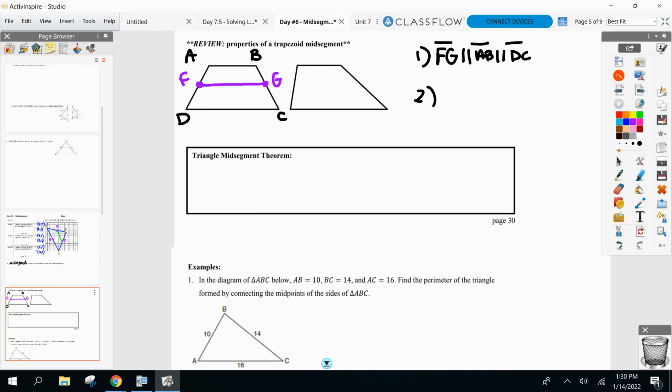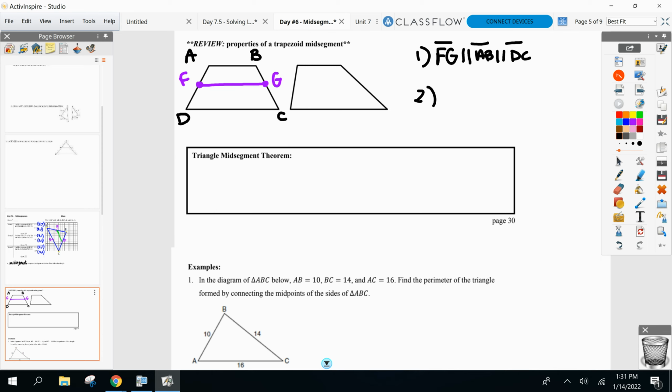Caitlin: G and F are midpoints on AD and BC. Correct. So what do you tell me? AF congruent to FD? And BG congruent to GC? Yeah. That is true. I'm not going to write it down though, but that is 100% true.